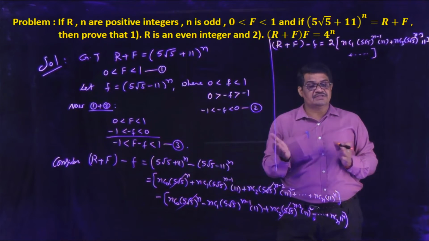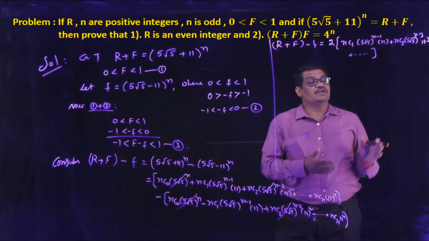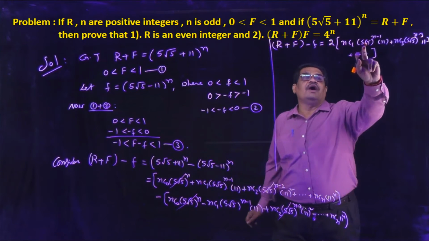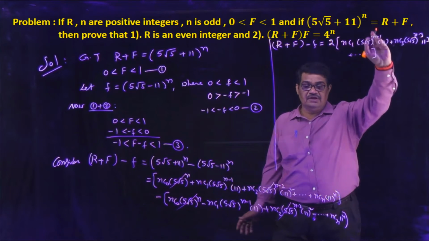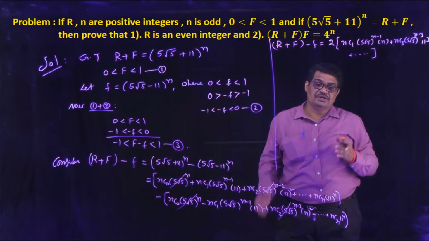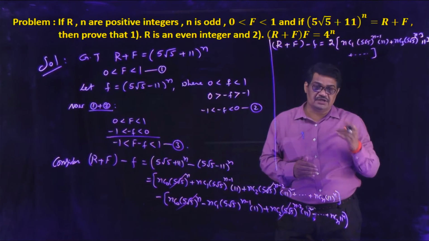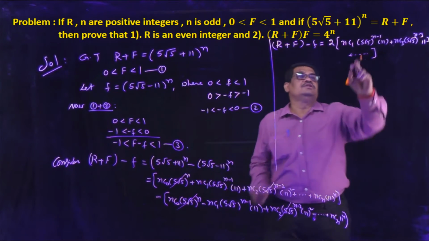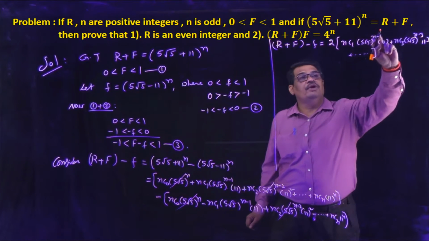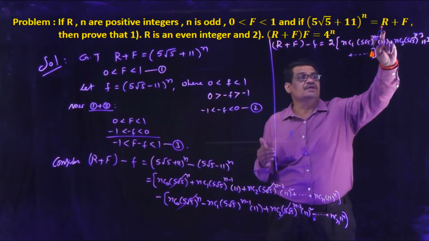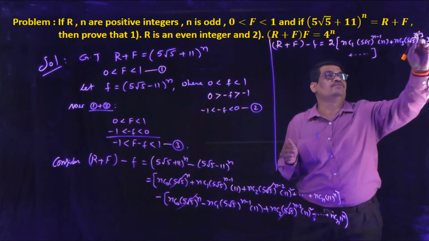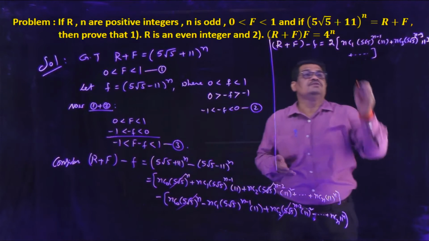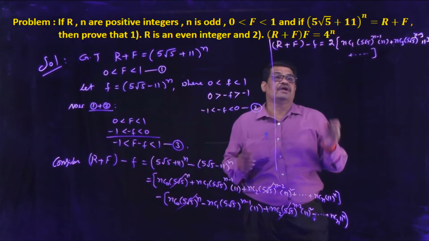So (5√5) to an even power becomes an integer. So (5√5)^(n-1) is an integer, and (5√5)^(n-3) is also an integer. So the sum of the products of integers is an integer.